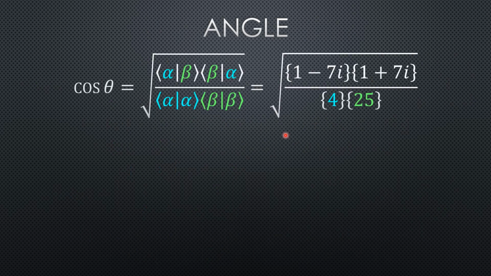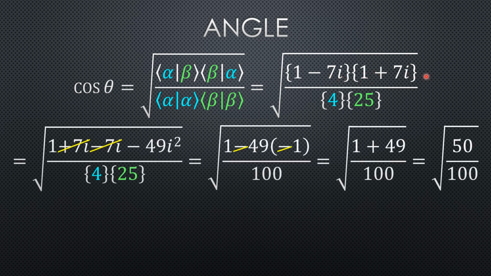So using the equation given to us, we're pretty good. We have the inner product, which we found using complex conjugates of one another, and then the inner product with itself, so just the dot product of itself. So magnitude here gives us 4, magnitude here gives us 25, as you recall. 1 minus 7i and then 1 plus 7i. All we have to do is take care of the algebra.